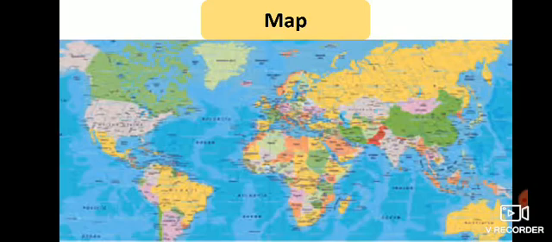They teach us about the world by showing sizes and shapes of countries. A common understanding of a map is one that is a flat or 3D representation of a location.